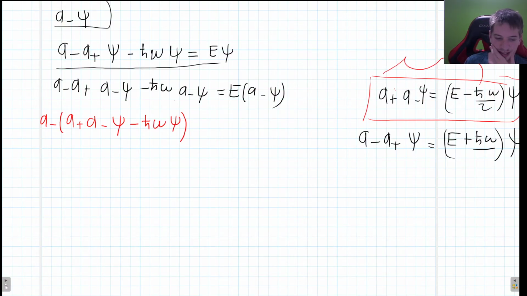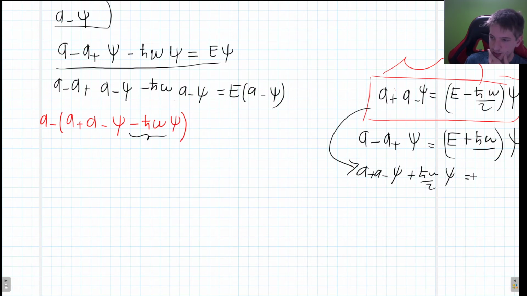But we have this little problem: this is minus h bar omega, and this is not plus h bar omega divided by 2, because if we rearrange this, as we did in the last part, you have plus h bar omega divided by 2 psi equal E psi, right? But here we don't have plus h bar omega divided by 2, we have minus h bar omega.